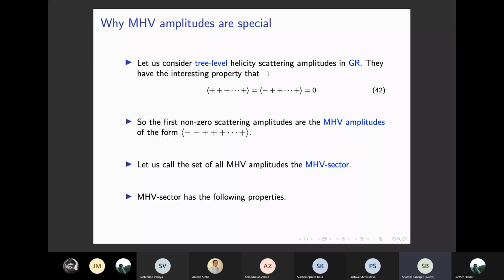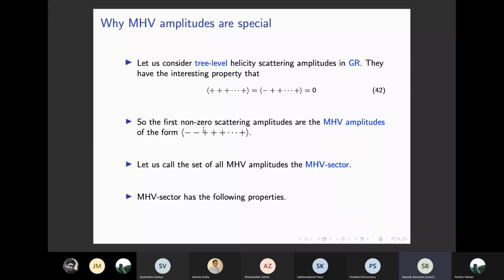They have the interesting behavior that if you take the scattering amplitude for all plus, or all plus and one minus, then that is 0, and so the first non-zero scattering amplitudes are these MHV amplitudes of this form, which is minus, minus, and the rest are plus.